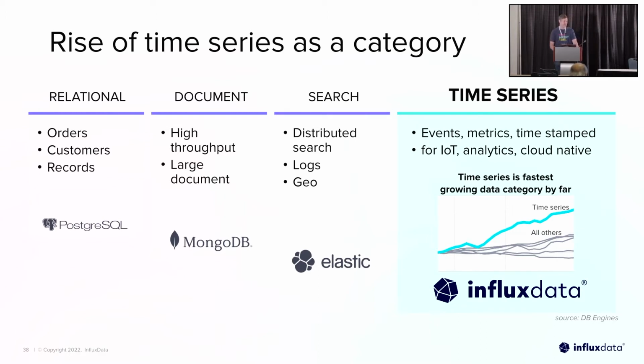But then as people started storing more and more data in that, they found that it was getting harder and harder to find what they wanted. So then we saw this third generation of search-based databases for things like logs or geolocation data, where they're optimized to be able to find things among this huge mass of data.